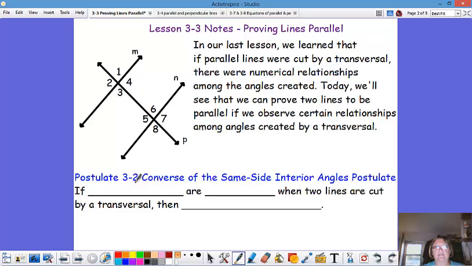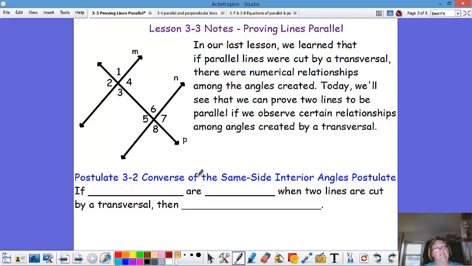We're going to start with a postulate, which again is a statement that's accepted as fact. And this postulate is the converse of the same side interior angles postulate. And you remember, converse means you switch the if with the then. So in the last lesson, we said that if two parallel lines are cut by a transversal, then same side interior angles are supplementary. Now we have to change that around.